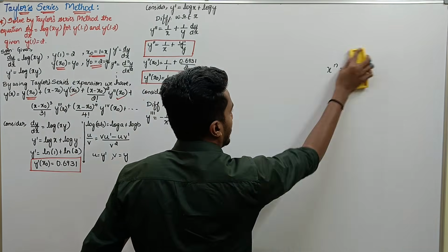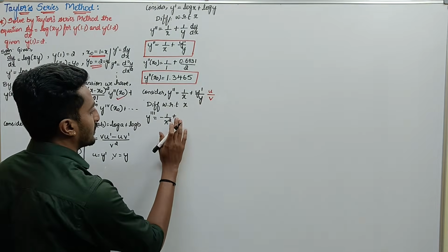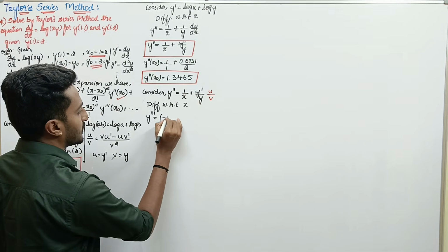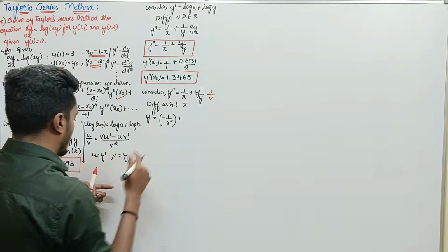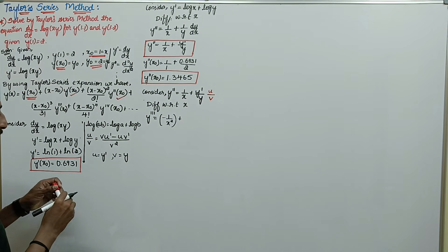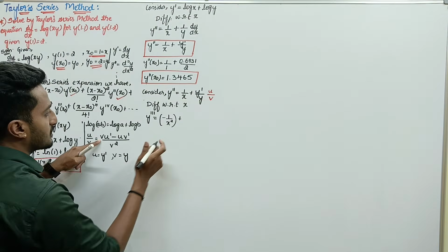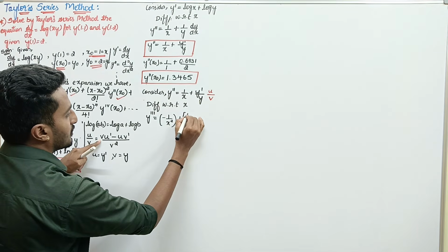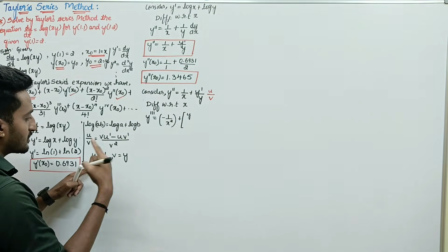Let us erase all this part. Just simplify, go on simplification. After this, use the brackets: minus 1 by x square plus. Now I need to simplify by u by v rule, that is quotient rule. Now what is v? v is y. Now u dash, what is u? u is y dash.